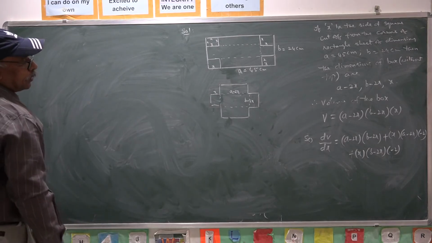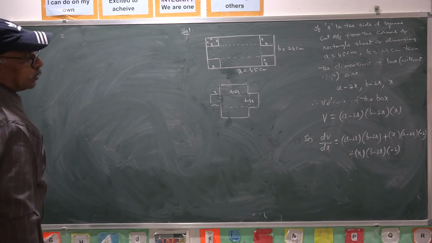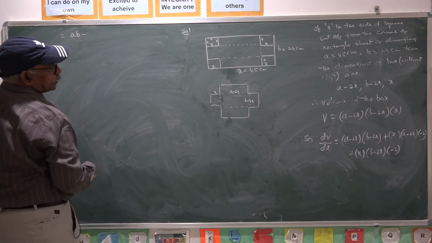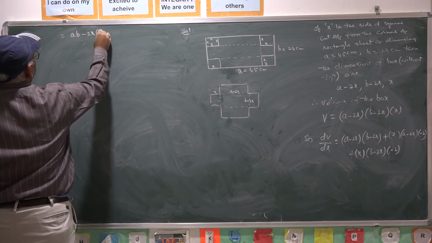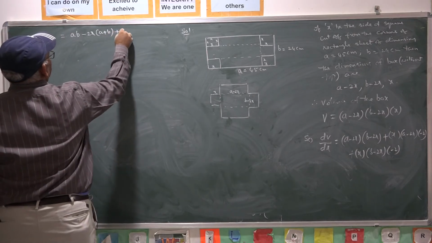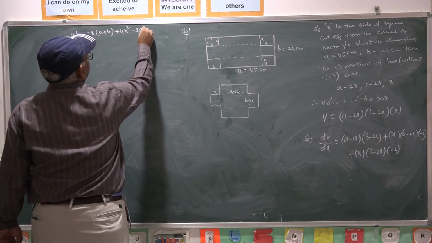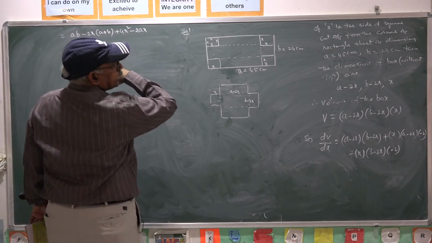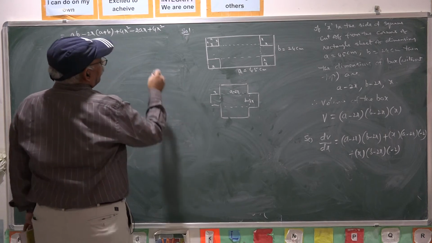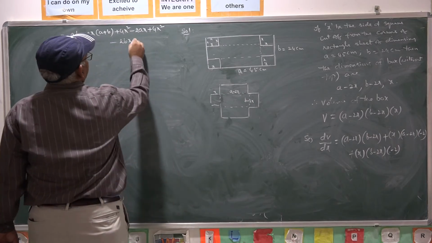On simplification, that equals ab minus 2x into a plus b, plus 4x square. Similarly, minus 2ax plus 2x into 2x, 4x square. Again, the third one, minus 2bx plus 4x square.